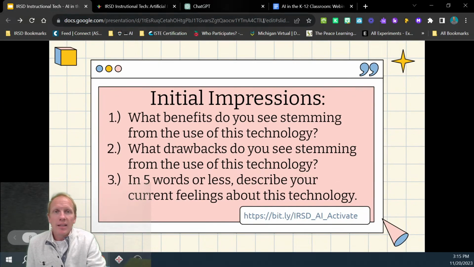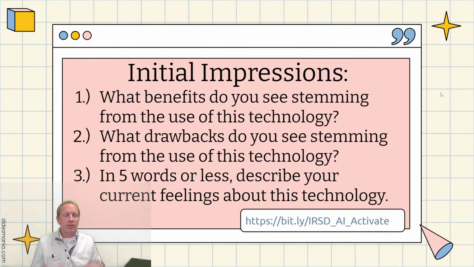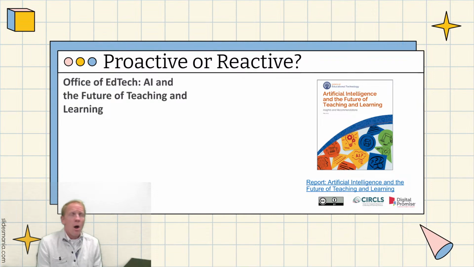So channeling that nervous, apprehensive energy, channeling the asks of our staff about what are our plans for using this technology in the district, I started doing some research of my own this summer. One of the most useful resources that I found was this document from the U.S. Department of Education's Office of Educational Technology.